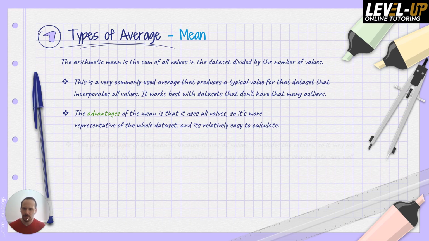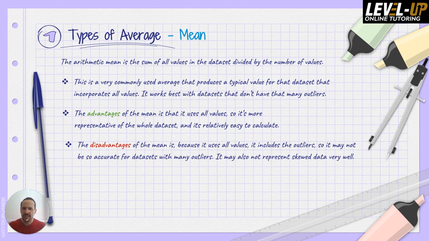The disadvantage is that because it uses all values, this includes the outliers. So sometimes we would want to be more careful if we have outliers, and consider whether we should include them or not. Sometimes we'd eliminate them from the data first, before calculating the mean. It depends.